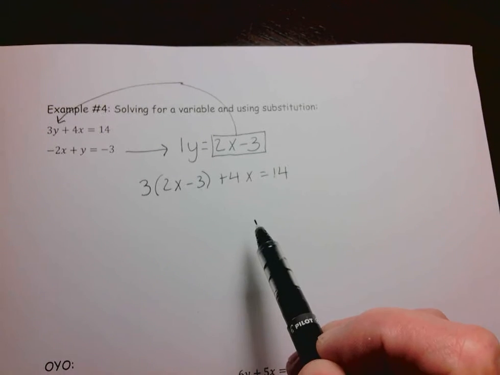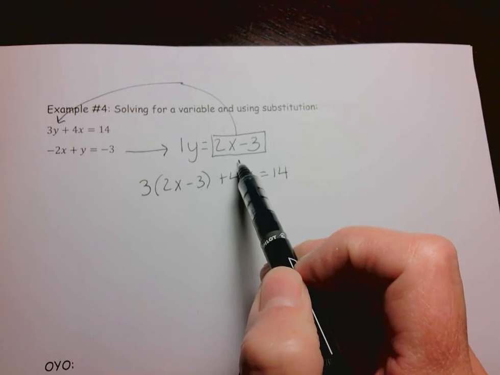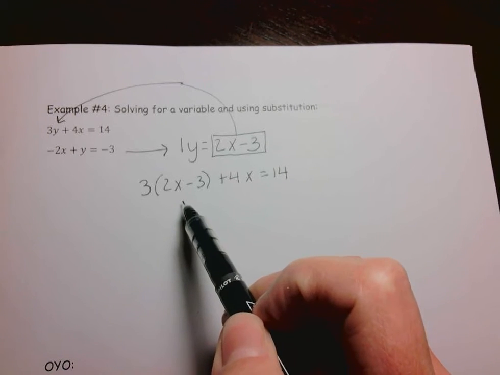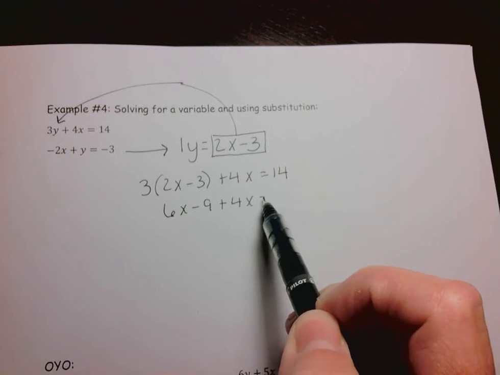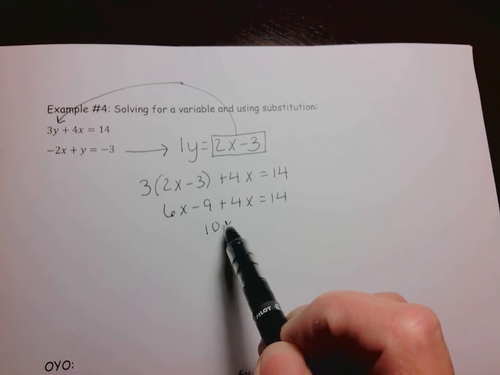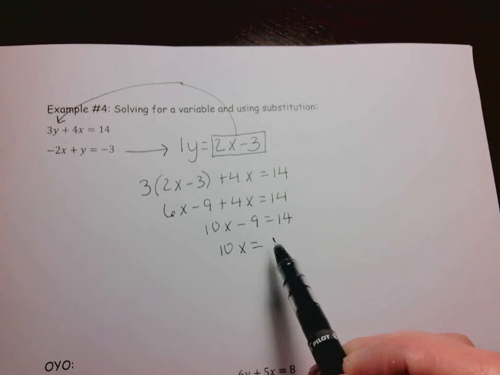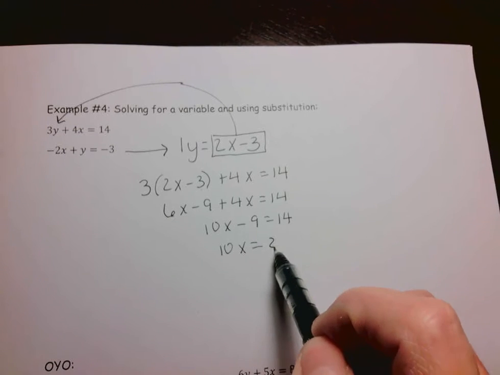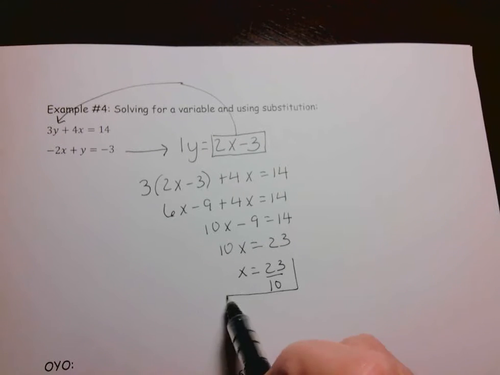And now I just solve for x. What's 14 plus 9? 23. Okay, so now x equals 23 over 10.